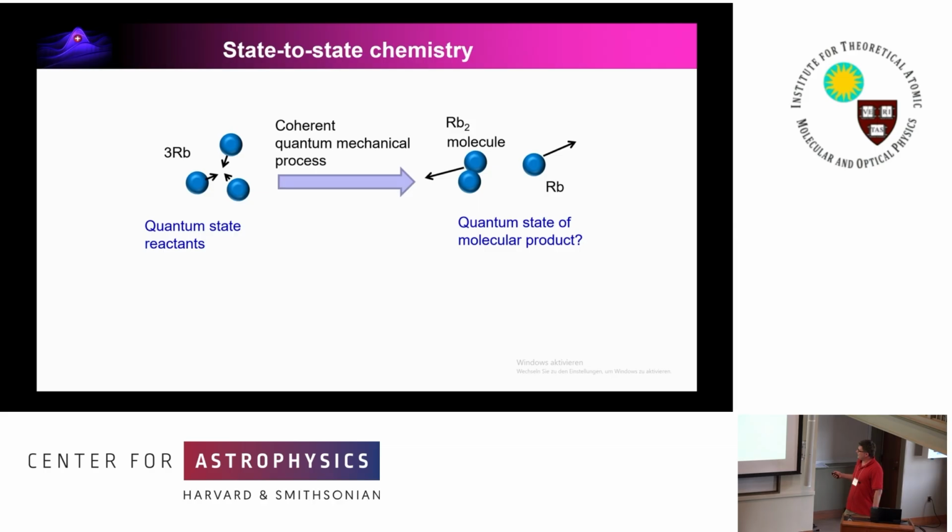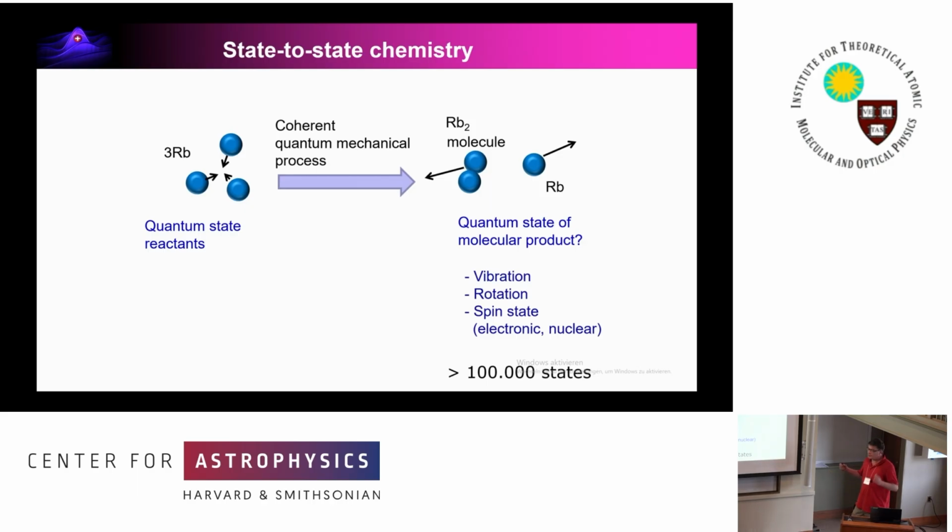The question that we've been asking ourselves for some while now is, what is the quantum state of this rubidium molecule? There are in principle a lot of quantum states that this molecule could end up in, because you have all these degrees of freedom.